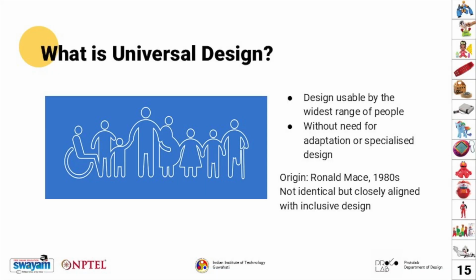We have spoken about inclusion as a value. Universal design is the design strategy that helps achieve that value. The term was introduced by architect Ronald Mace in the 1980s.